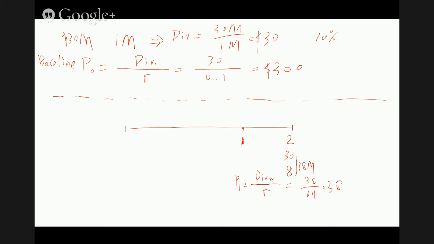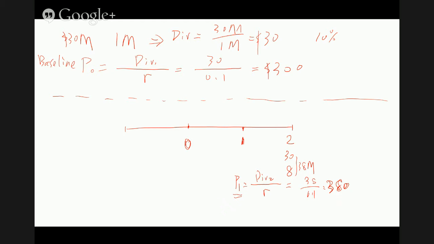So that's 380. So that's the stock price by time 1. And then we know that at time 1, the stock price is 380.